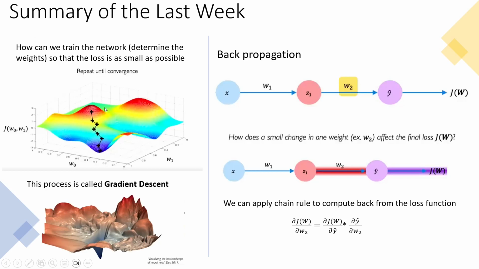And the algorithm was called gradient descent. And since we have a lot of variables, our weights and our biases, thousands of them, we need an algorithm called backpropagation in order to calculate these weights and biases. And that was using the chain rule from calculus.